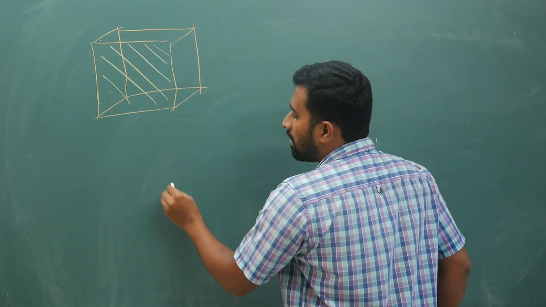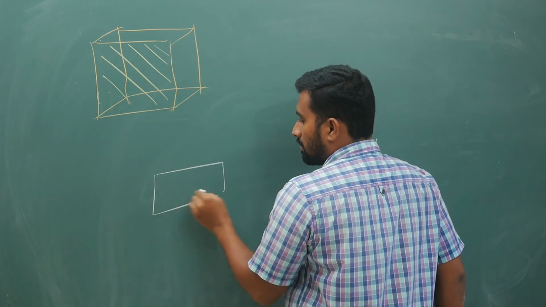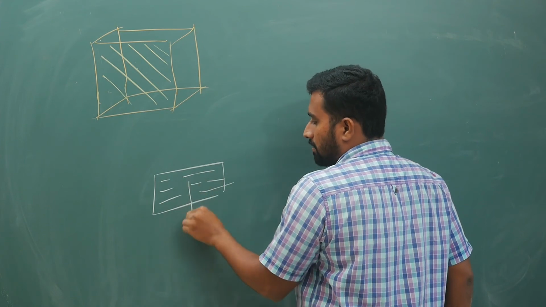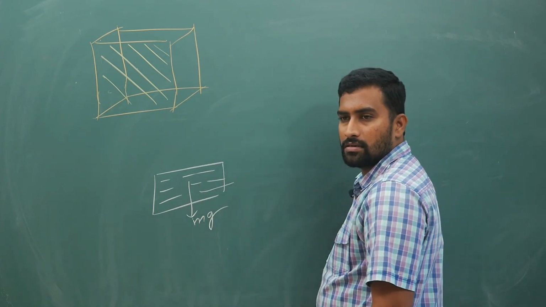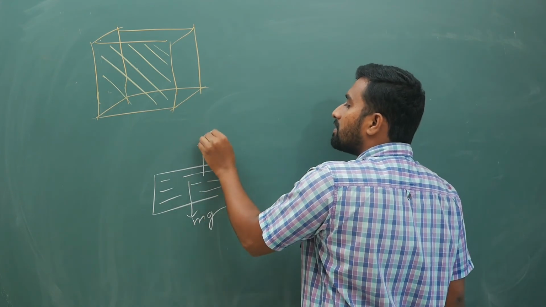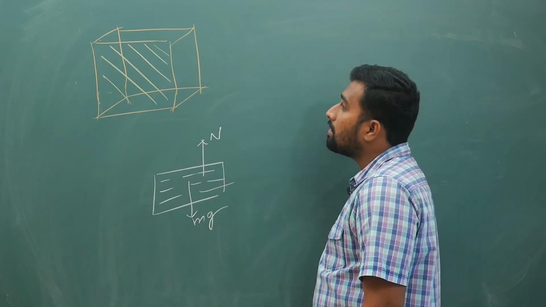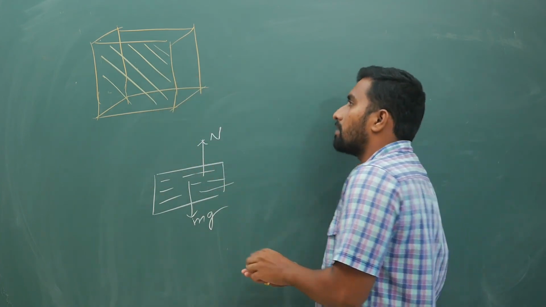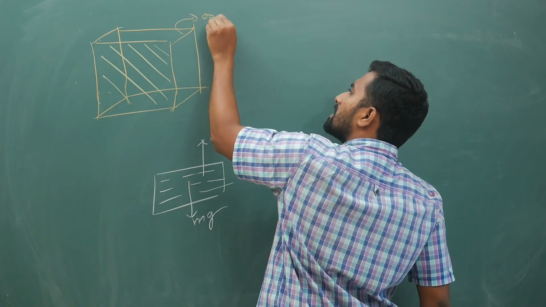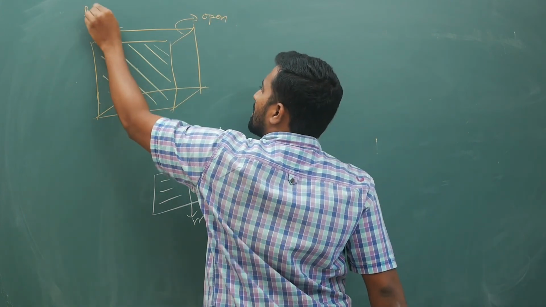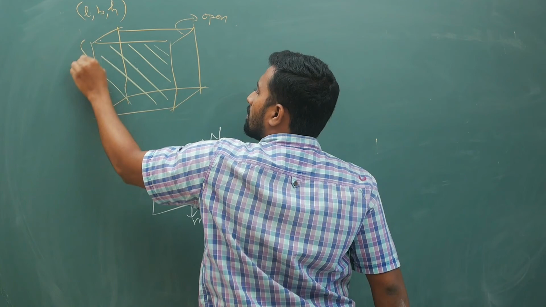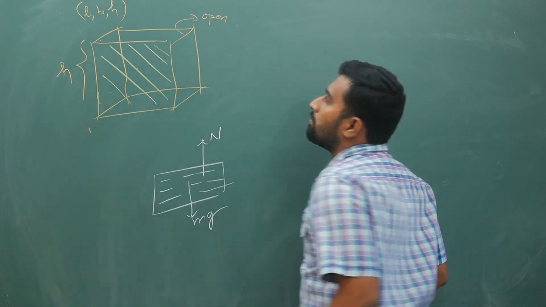I am trying to draw the free body diagram of the liquid. Because of its own weight, mg, and because of contact with the bottom, normal reaction N. Now when it is open like this, let us consider LBH dimensions here. Height is H, bottom is L into B.